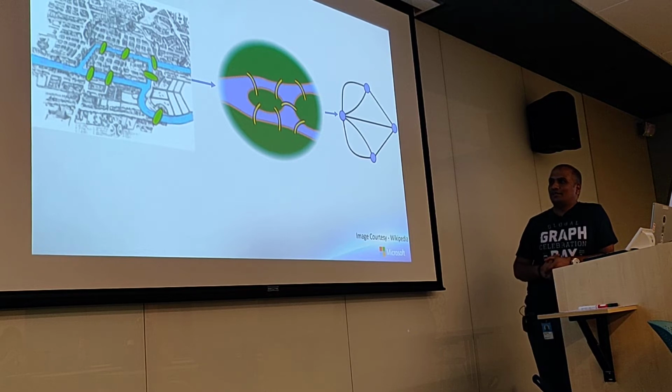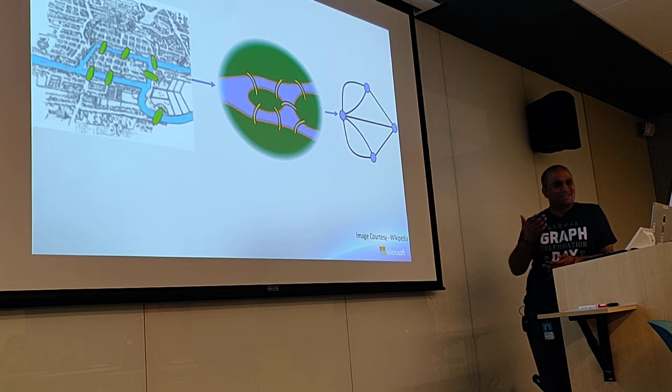And the problem was: can you start from a place, travel through each bridge only once, and return back to the same place? He studied that problem, and what he came up with was a graph model for that. And he found that there is no resolution to this problem, basically. And he gave the Euler theorem that all of us studied in our 9th, 10th, and 11th standard.